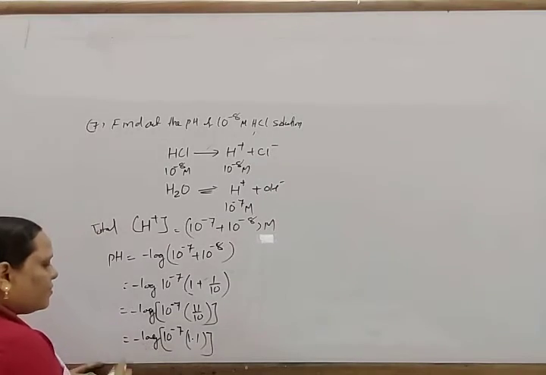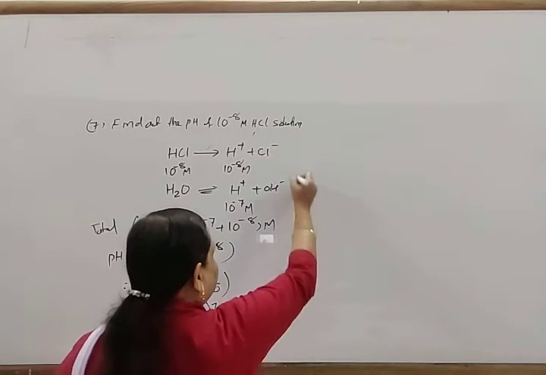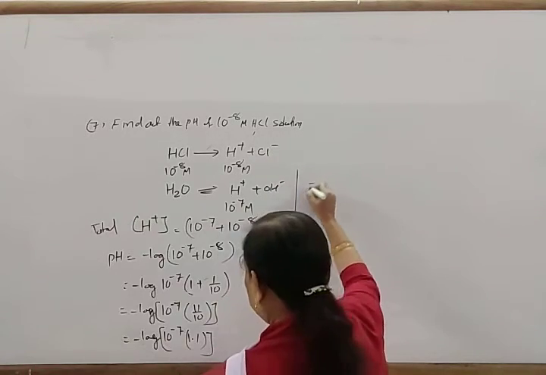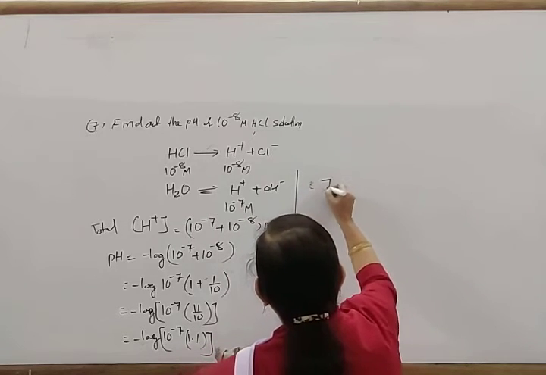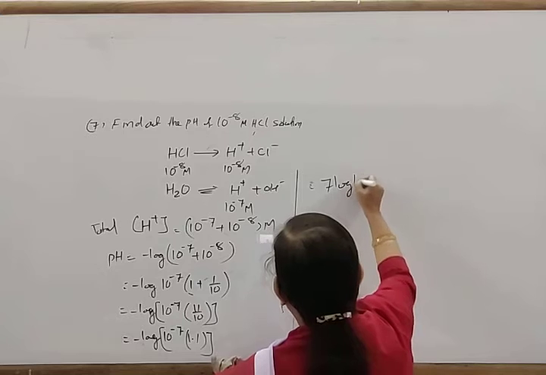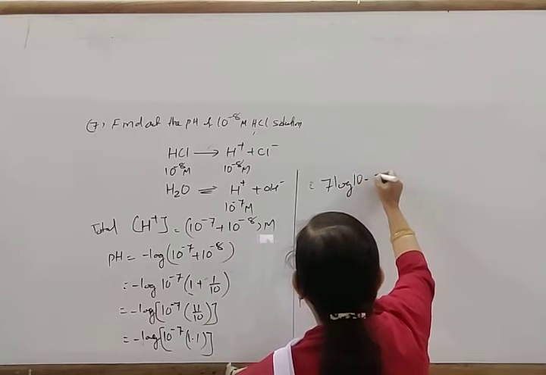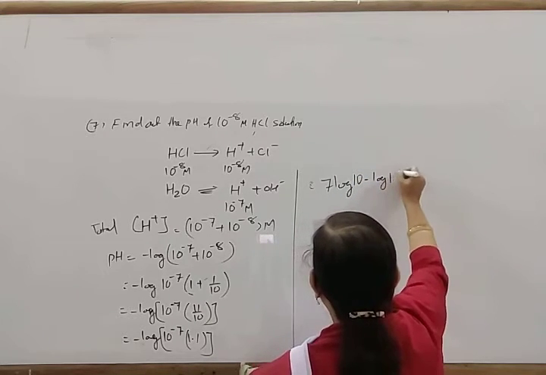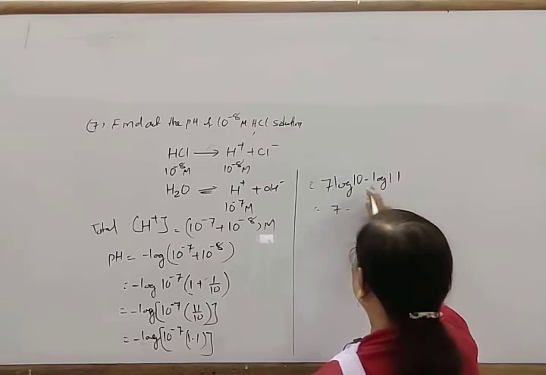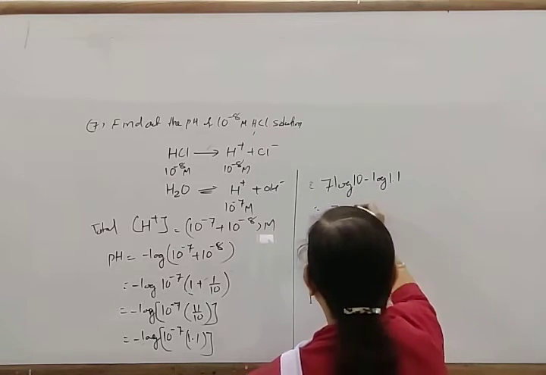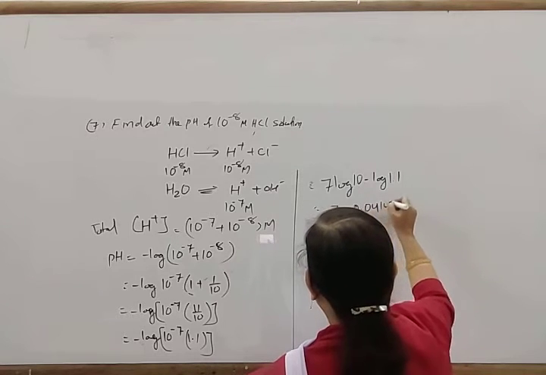Okay, so now this is equal to 7 log 10 minus log 1.1. 7 log 10 here is equal to 7 minus log 1.1, that is 0.0414.